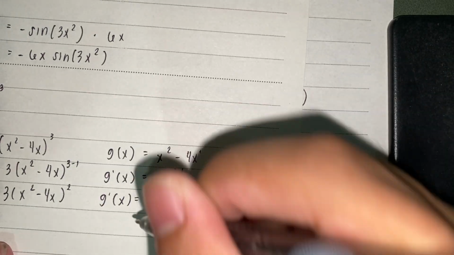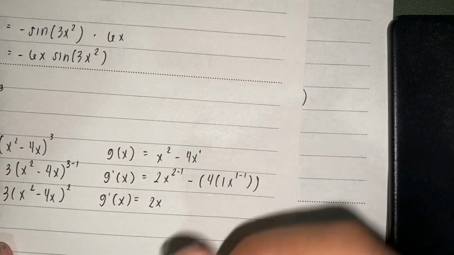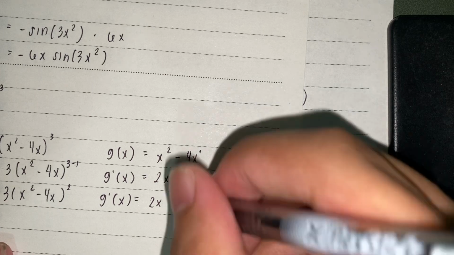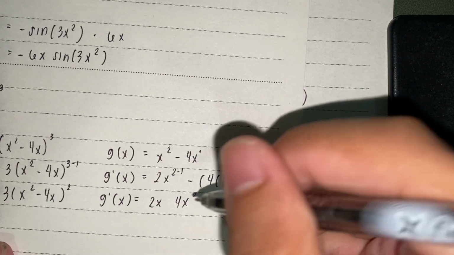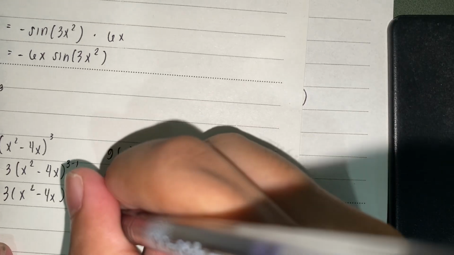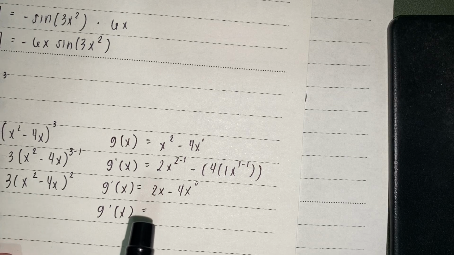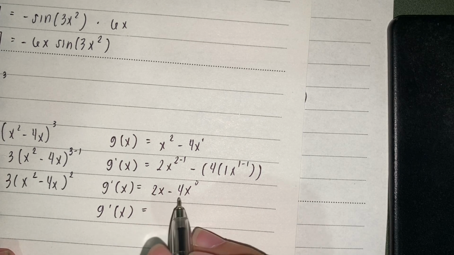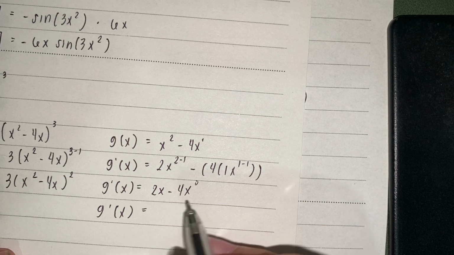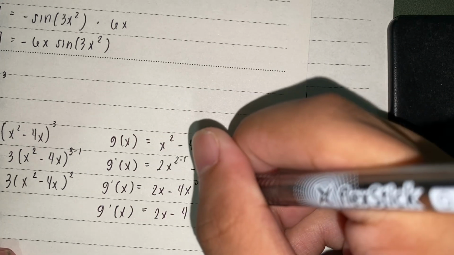So again, perform the indicated operations. 2x raised to 2 minus 1, that is simply 2x. And then 4 times 1, that is 4. x raised to 1 minus 1, that is 0. And subtract. g prime of x is going to be equal to 4x raised to 0, that is just going to be 1, so 2x minus 4.